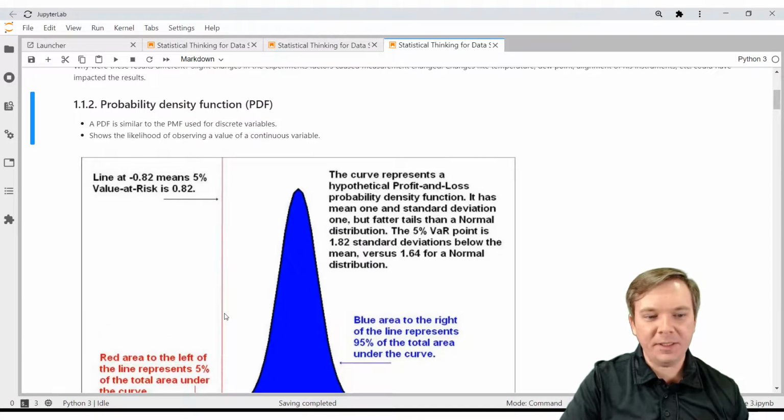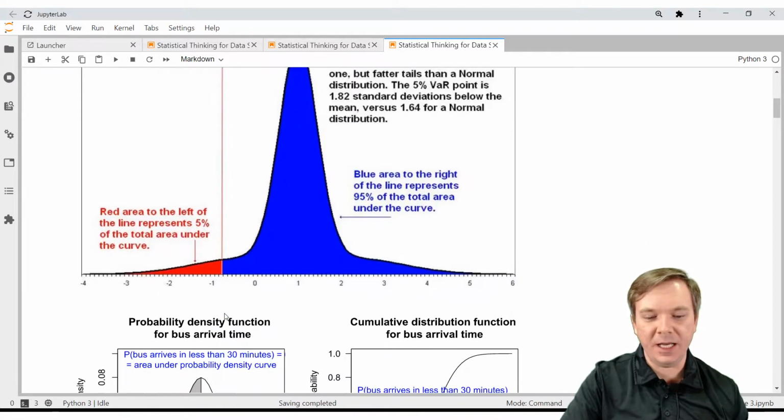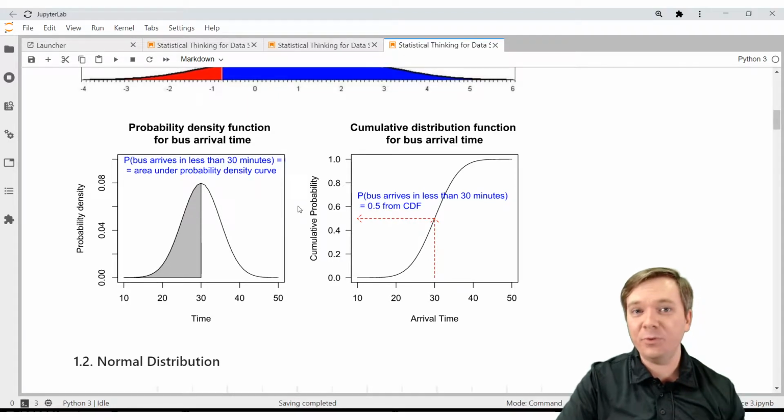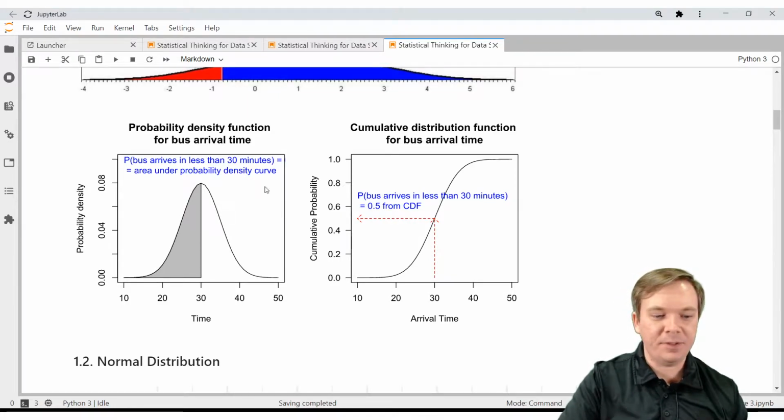A probability density function is really useful because it allows you to guess or assume when something will actually happen. So let's look at it with buses, okay? What's the probability that the bus will arrive in less than 30 minutes? Well, that is equal to this graph right here. We have 30 minutes here, and we're going to shade anything to the left of that, so less than that, and measure the area under the curve, okay?